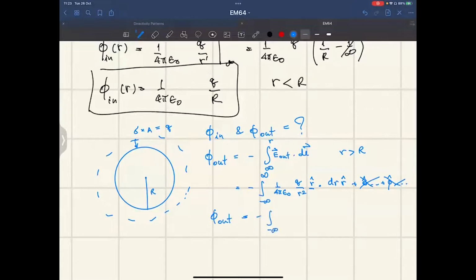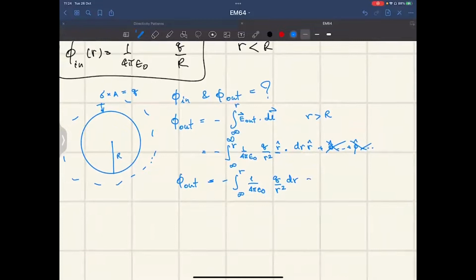So phi outside is equal to this. No, it's not negative here. Why did I put a negative sign here? And we can do the integration. I'm not going to do it.